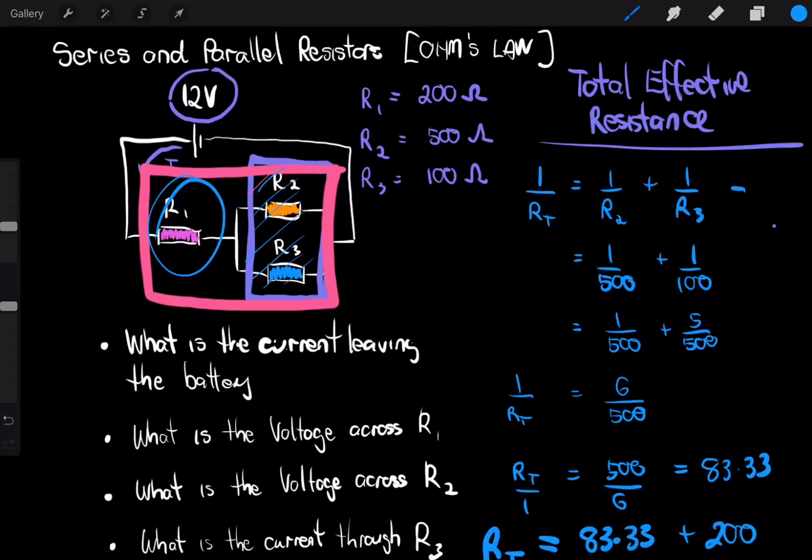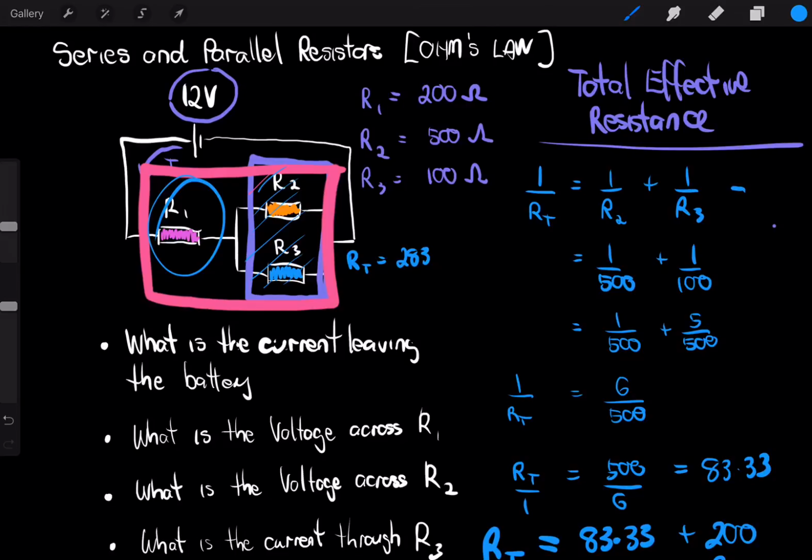So that will equal 283.33 ohms. Okay, so there's our total resistance of the circuit. Total resistance of the circuit is 283.33.